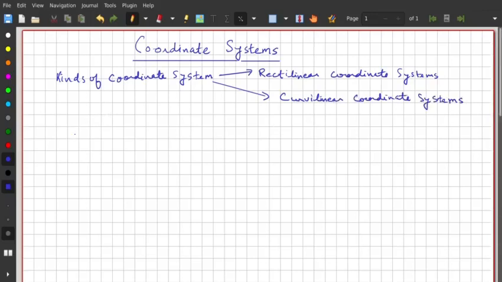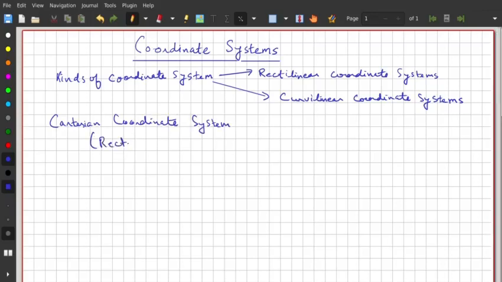Okay, an example of a rectilinear coordinate system is Cartesian coordinates. For example, we know the Cartesian coordinate system. So that's a rectilinear. And here the word rectilinear means that, let's draw the Cartesian coordinate system.